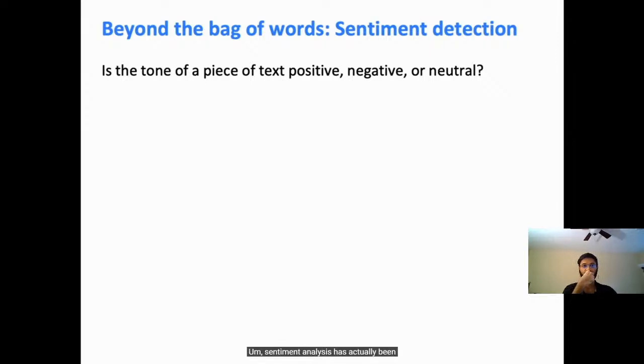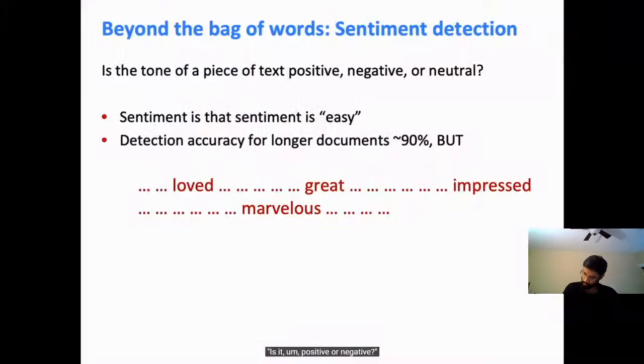Sentiment analysis has been a really common and important application in natural language processing. You're looking at a piece of text and saying, is it positive or negative? That's very useful for lots of commercial applications, like looking at product reviews or doing brand awareness, looking at sentiment connected to things.